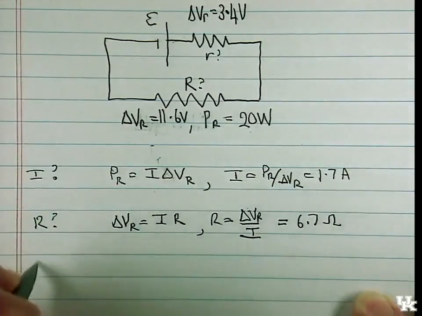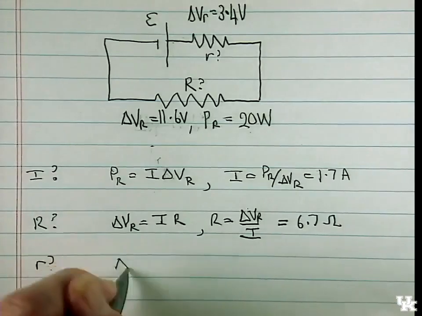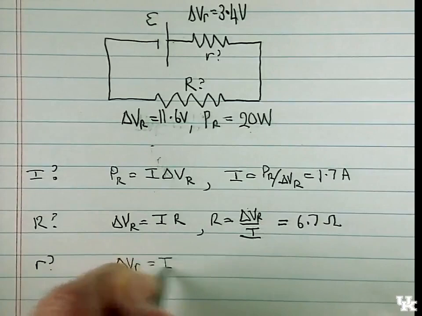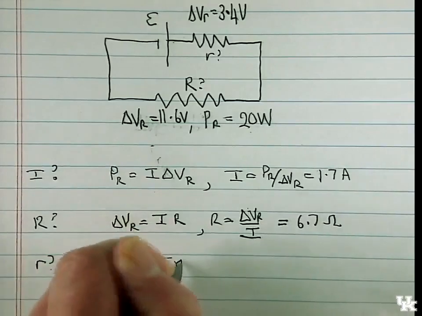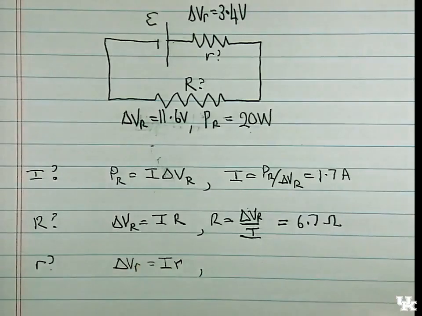And you can do the same thing for the internal resistance. So the voltage across it, again by Ohm's law, is the product of its current, which is the same, times its resistance, which will be generally different.